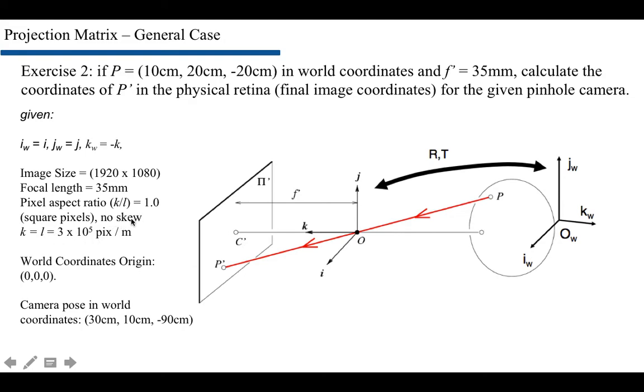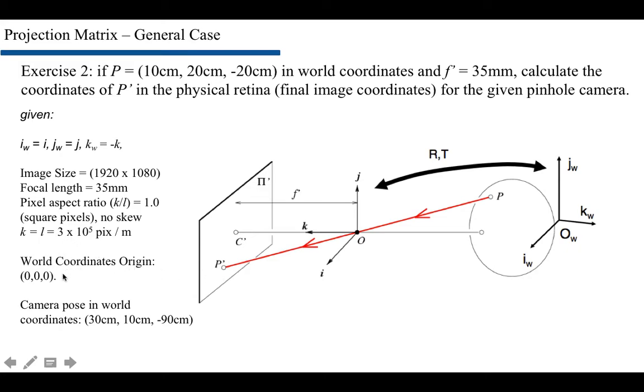And finally, K and L, you remember these parameters, are 300,000 pixels per meter, or 3 times 10 to the fifth, so pixels per meter.